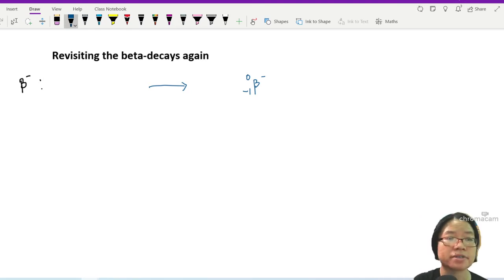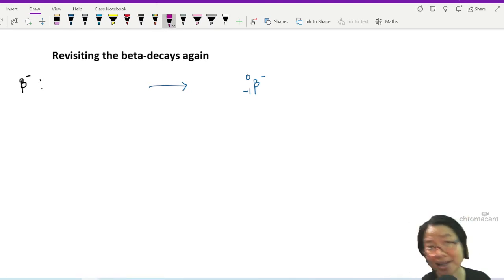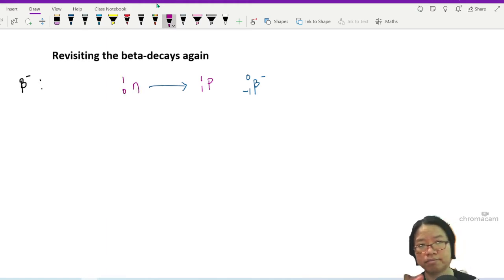The way I think about it is, how do I know whether it's neutron to proton or proton to neutron? I have to balance off the charge. I can balance off the charge by putting the proton here and the neutron here. Because if I swap places, they don't balance.